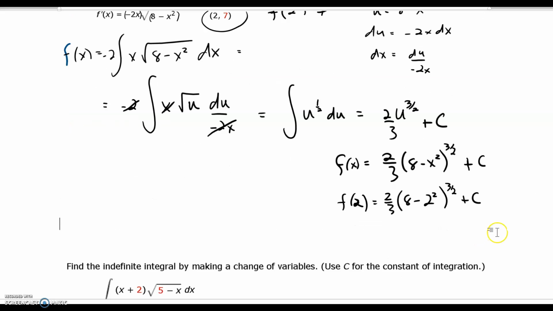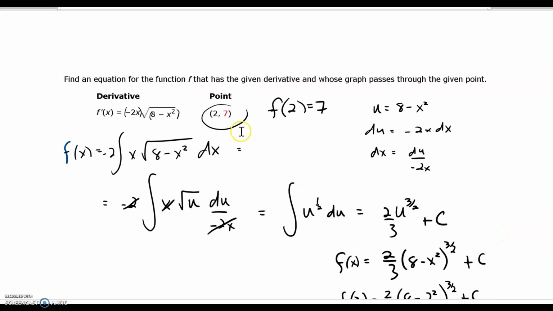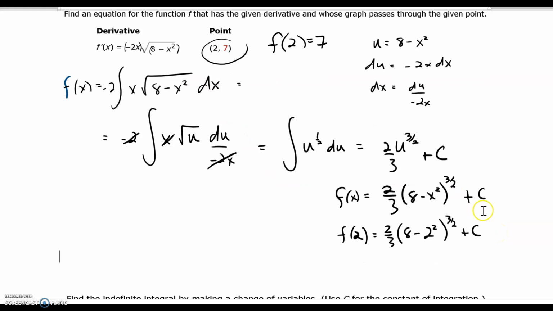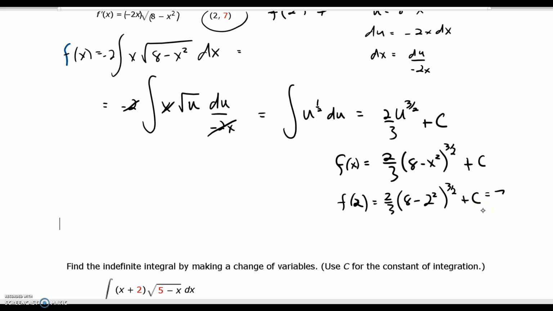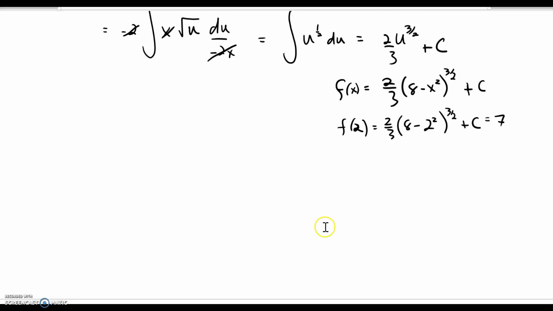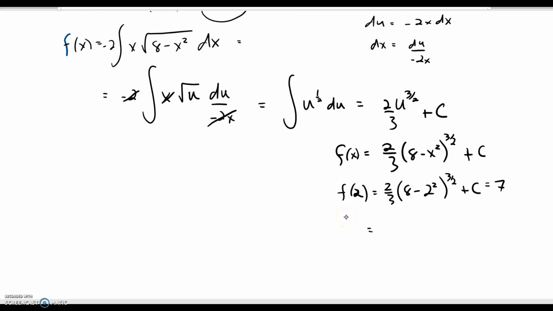And we know, based on the information, that that's got to be equal to 7. Okay, so solve this for c, and I'll be done. So what do I got? 2/3, 8 minus 4, 4 to the 3/2, plus c equals 7.